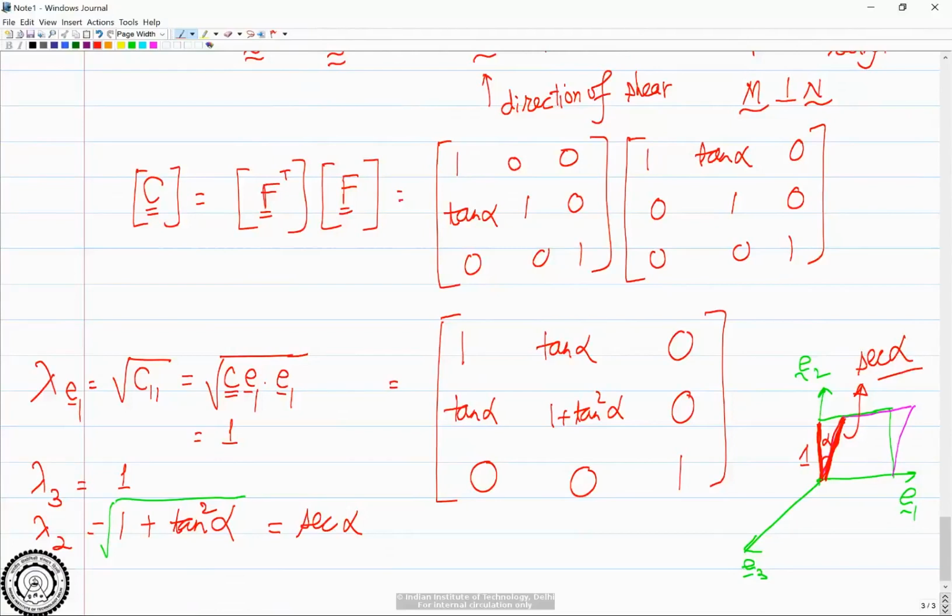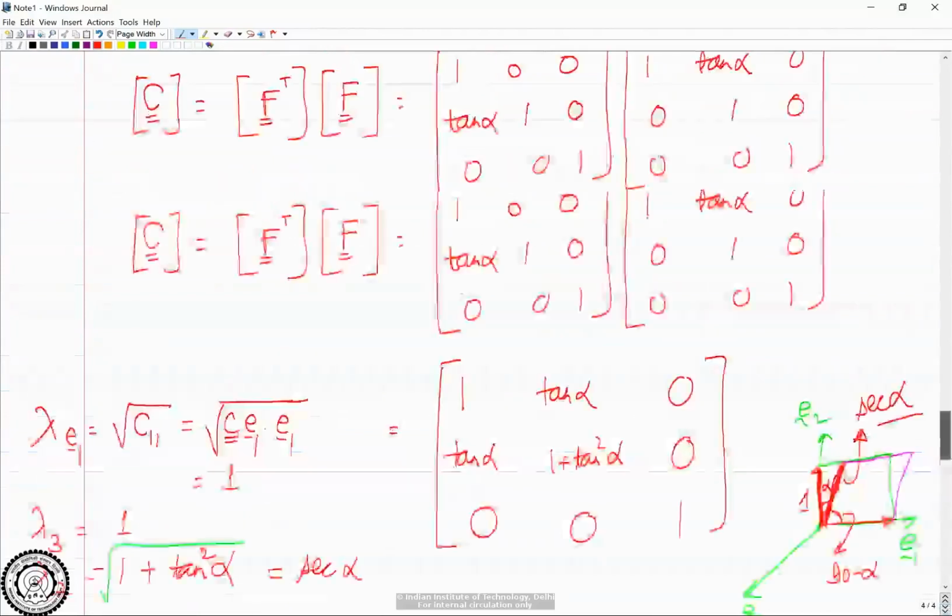Similarly, you can notice the angle. Look at the line element along E2 and one along E1. What is the angle between them? That's 90 minus alpha, right? And can you recall that formula? What was the formula for the deformed angle?